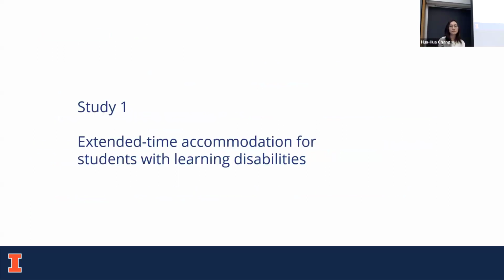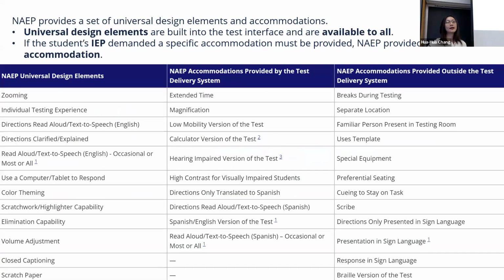All right, so from here, I'll move on to study 1, which relates to extended time accommodation for students with learning disabilities. So NAEP, in order to improve the equity and accessibility of the test, provides a set of universal design elements and accommodations. Universal design elements are defined as elements that are built into the test interface and are available to all of the test takers.